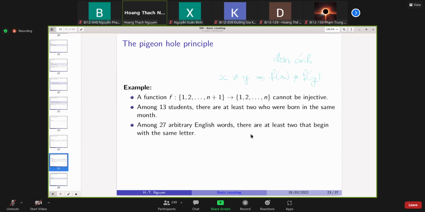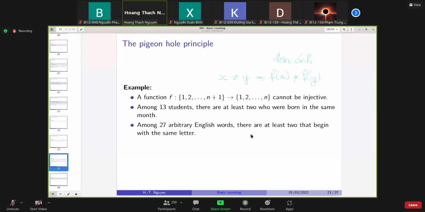But the difficulty when we try to apply the pigeonhole principle is that in general we don't know in our problem what the pigeons and what the holes are. The most difficult thing is to see what are the pigeons and what are the holes. Once you have the pigeons and the holes, then you can apply the principle.